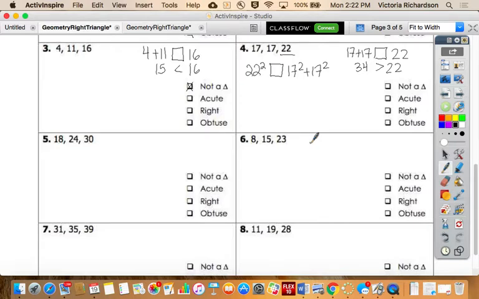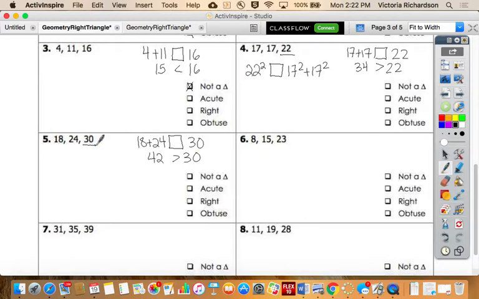On number 5, first of all, let's see if it's a triangle. 18 plus 24. So we're going to add our two smaller sides and compare them to the largest side, which is 30. 18 plus 24 is 42, and 42 is greater than 30, so this is a triangle. So therefore, I can use my Pythagorean theorem.